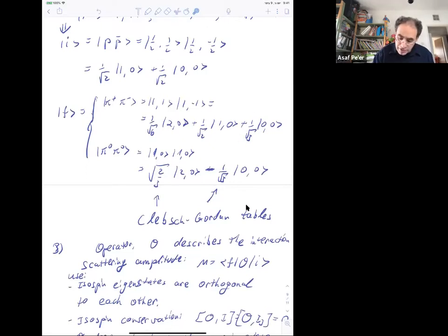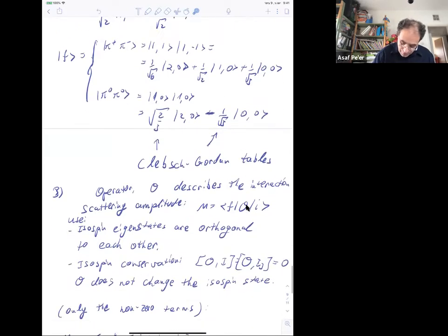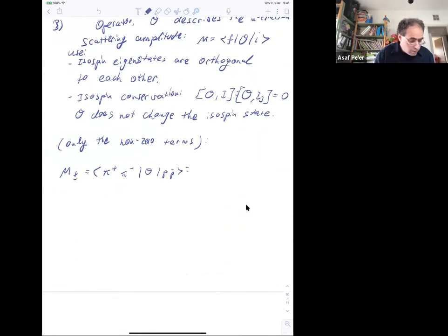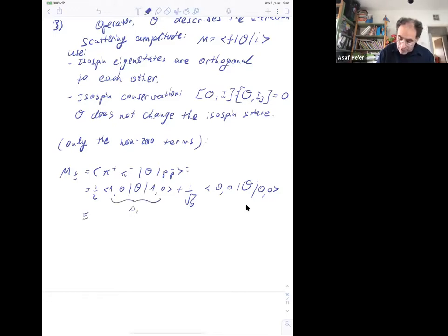That's 1 over square root of 6. So that means I have 1/2 times the 1, 0 amplitude plus 1 over square root of 6 times the 0, 0 amplitude. Let's denote these by A1 and A0. We have 1/2 A1 plus 1 over square root of 6 A0.